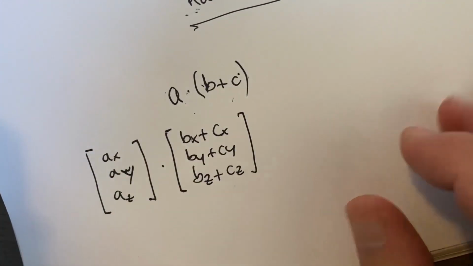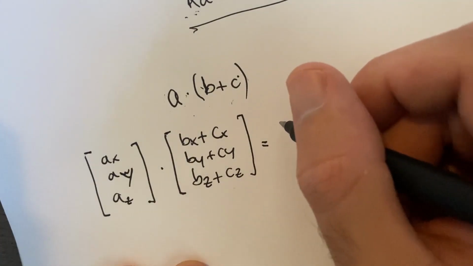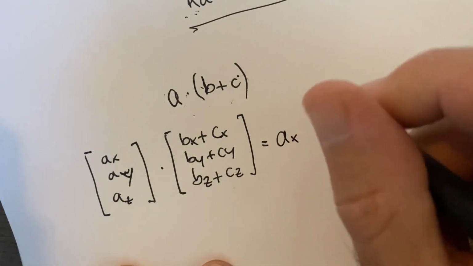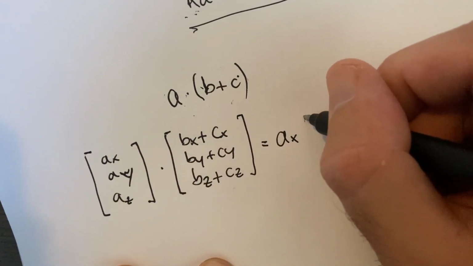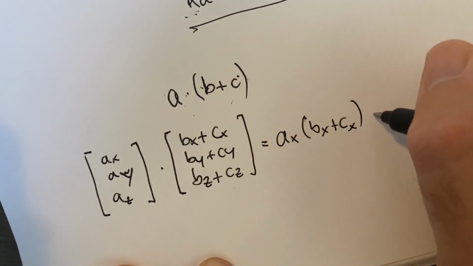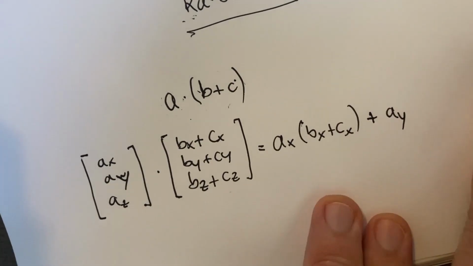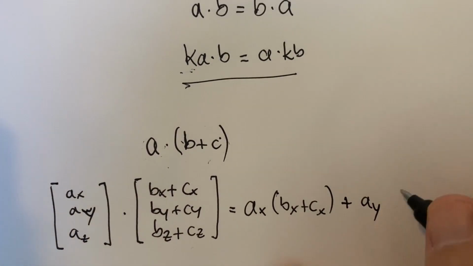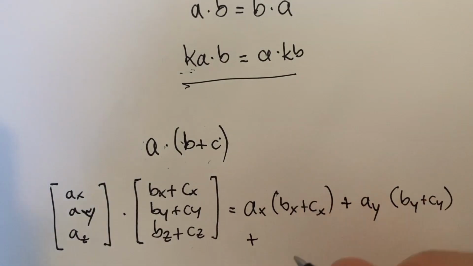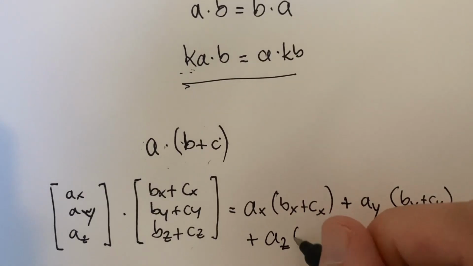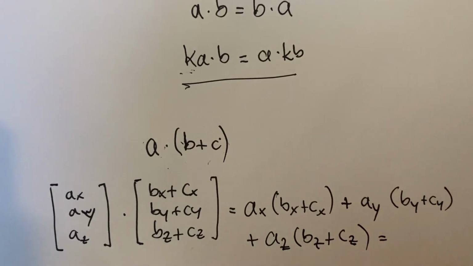If you do this calculation over here, you're going to notice that in the end you will get that it distributes the same way. So let's just quickly calculate it. It's ax times bx plus cx, plus, we're just doing the regular dot product rules, ay times by plus cy, plus az times bz plus cz, right?